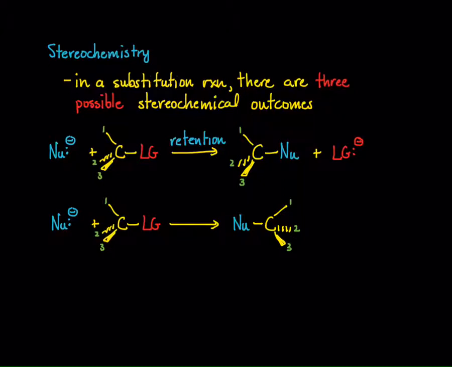But notice the orientation of the substituents 1, 2, and 3. 1 is still in the plane of the board, it's just going from left to right. 2 is still behind the plane of the board, but now it's oriented from the left-hand side to the right-hand side, and likewise with 3, right? And then, of course, we get our leaving group coming off.